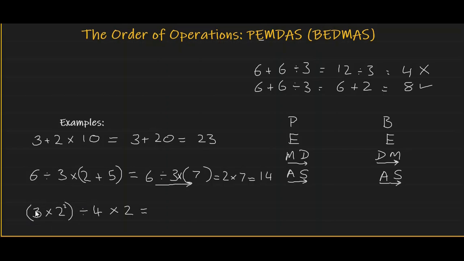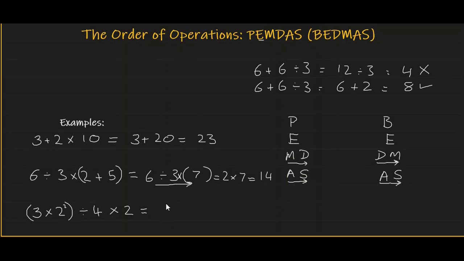So let's solve what's within the brackets. Now within the brackets, you have exponent and multiplication. So you would go back to your order of operations and you will see that exponents come before multiplication. So you would do the exponent first.